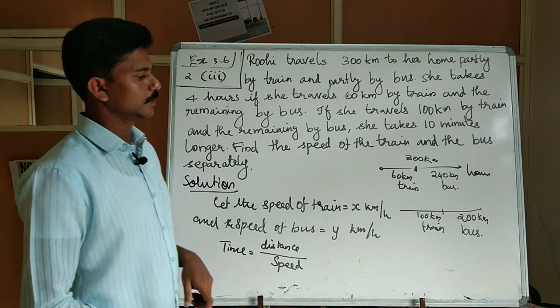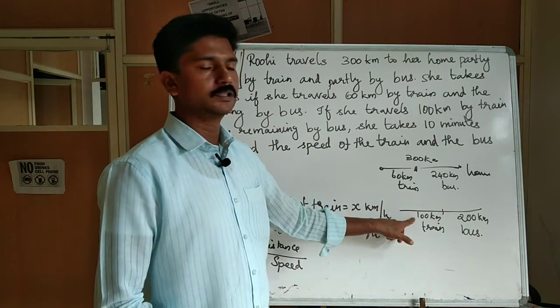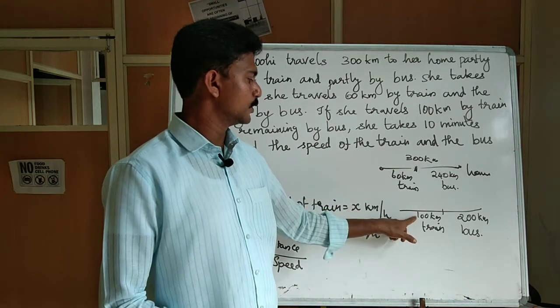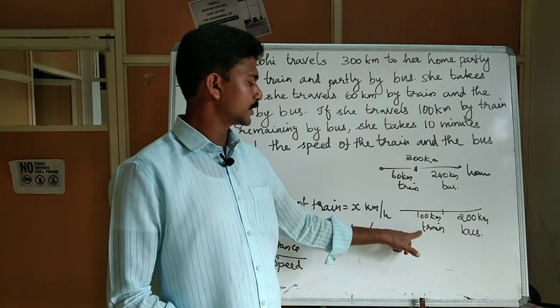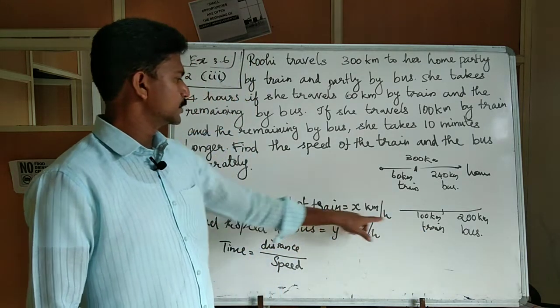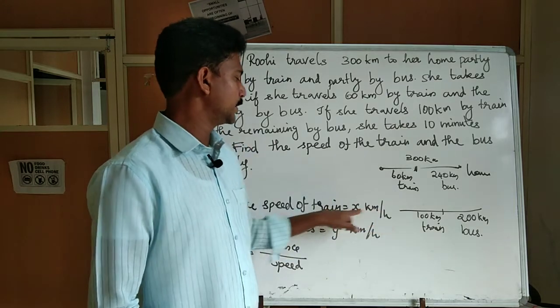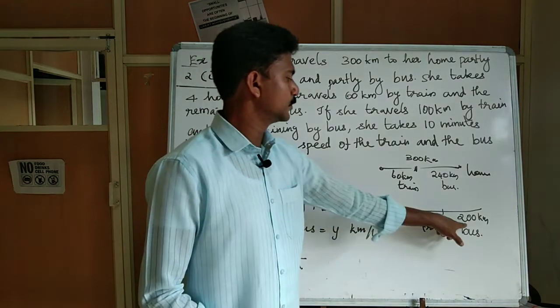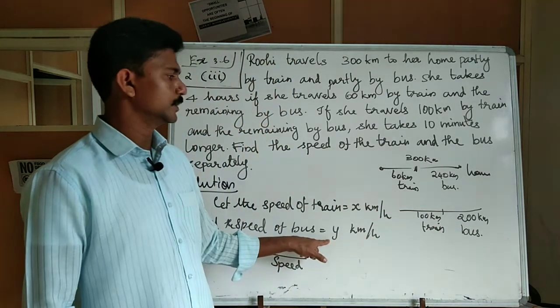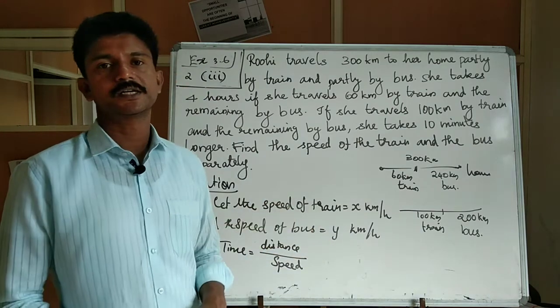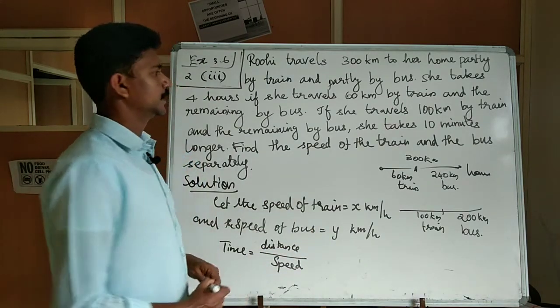The same way we can write for the second case also. 100 kilometers distance traveled by train, divided by the speed. So 100 by x plus 200 by y is equal to 4 hours and 10 minutes.